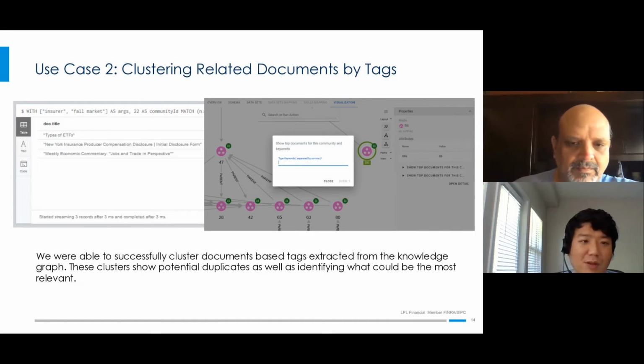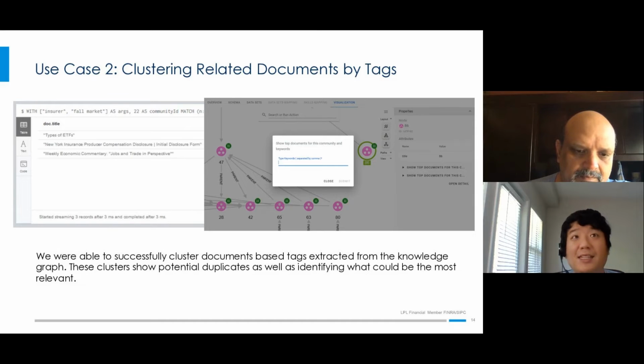So we were able to really quickly prove that we can cluster closely related documents based on keyword co-occurrence. And from there, we were able to take the next step, which is, all right, out of these related documents, here are the really important keywords. Now give us a rank of which ones rank high based on these keywords.